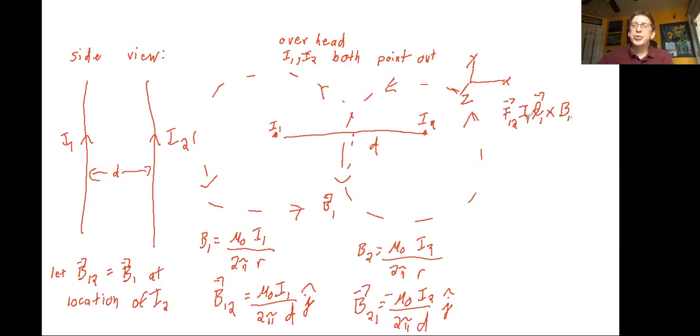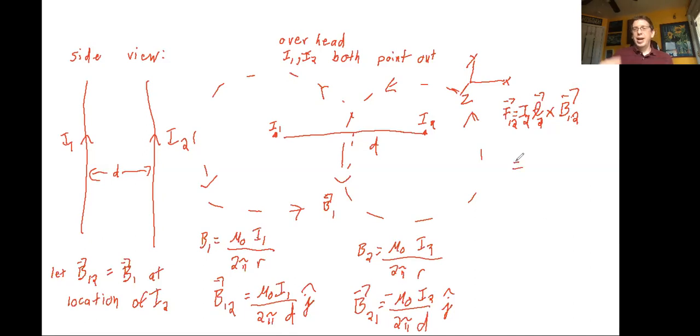Well, no, it's I2 times L2 cross B12. The L1 and L2 vectors are going to be the same because it's just the length of the wires in each case. And I should have an equal sign in there.